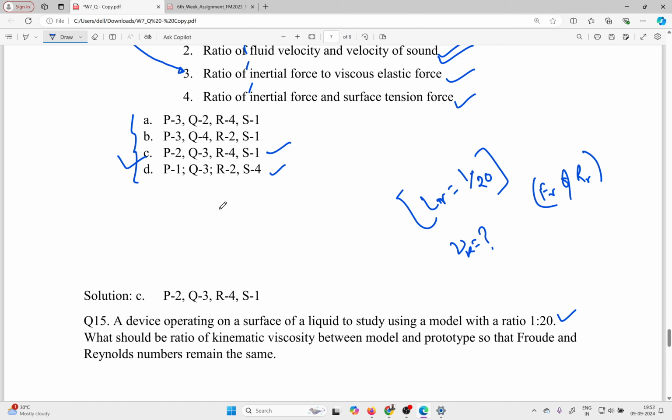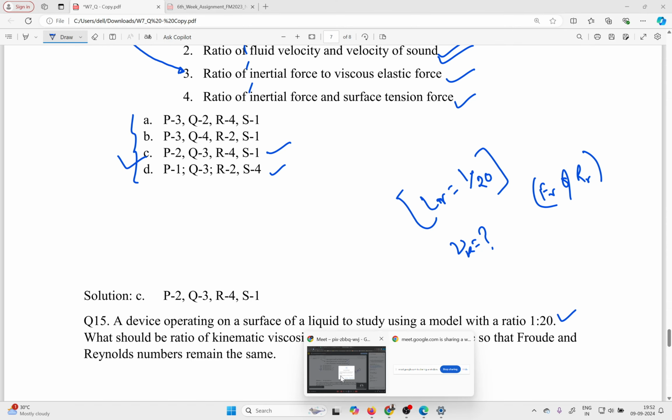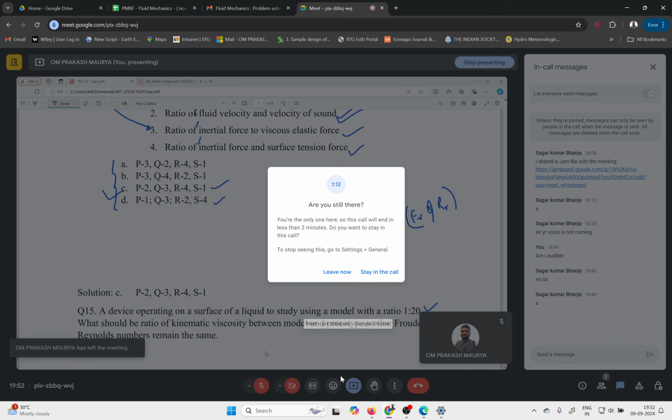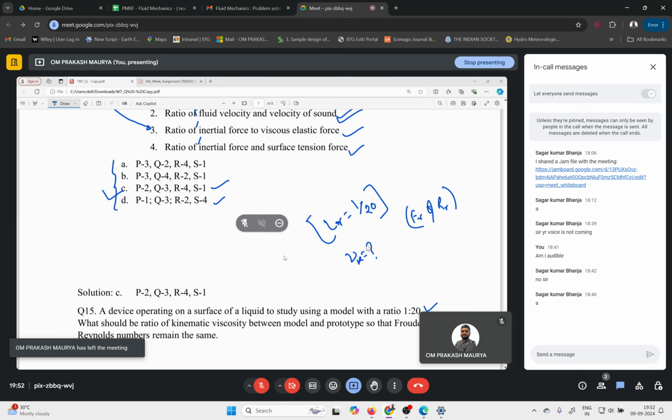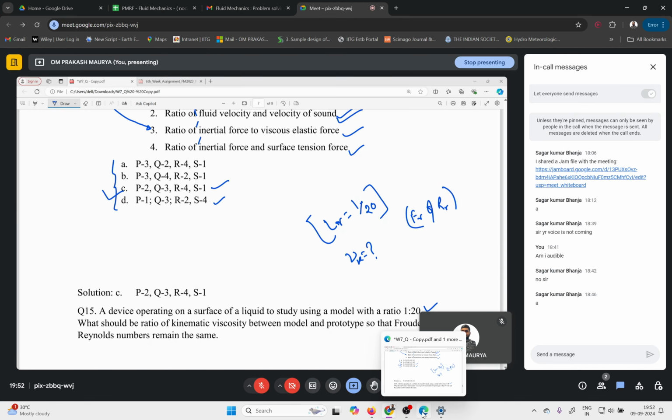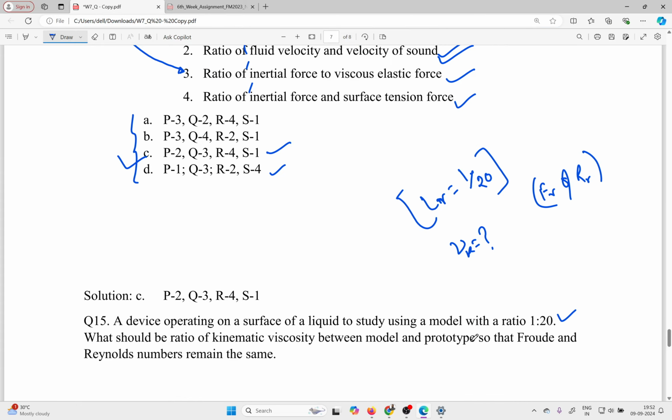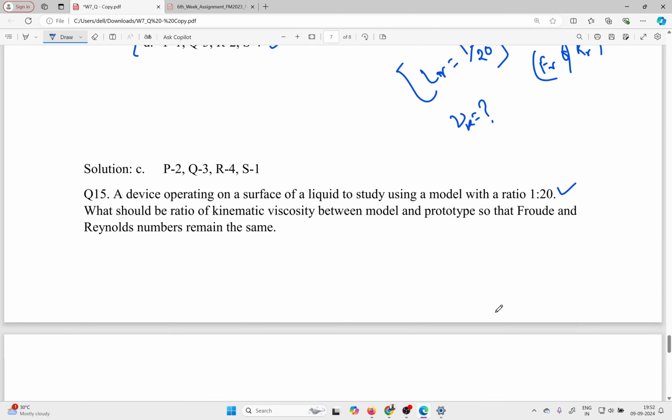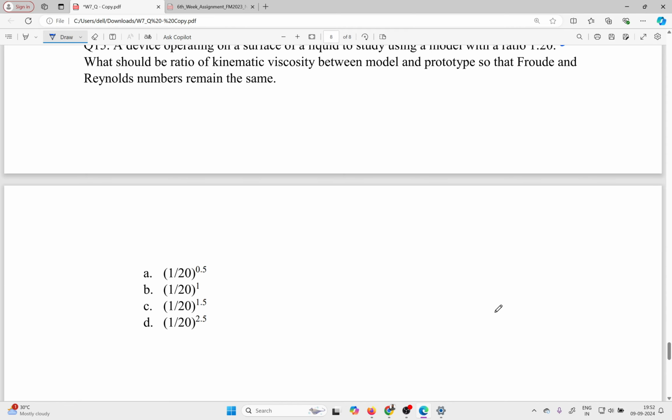I think no one is in the video, so I can directly discuss the answer. Here, LR is given as 1:20. So Reynolds number is what?